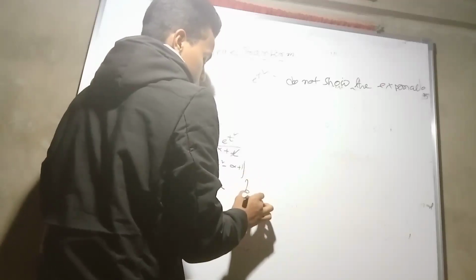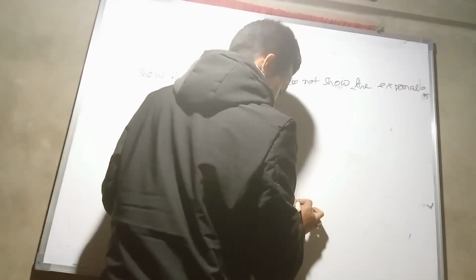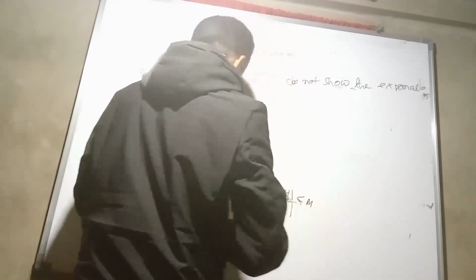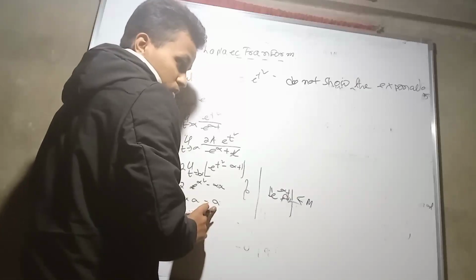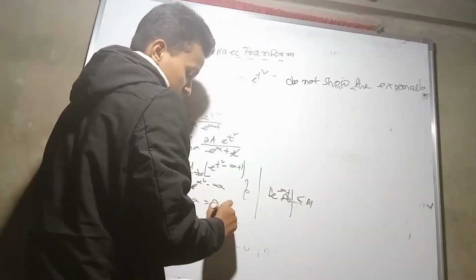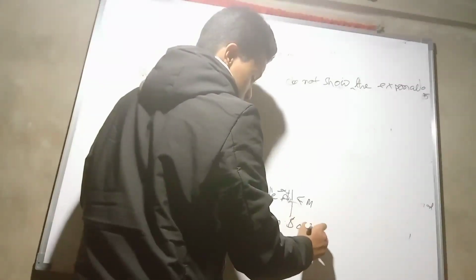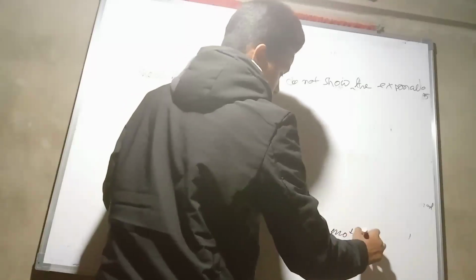So that does not give a finite value. What is the condition? If this condition is satisfied, e to the power sigma t times f(t) is less than M for some constant. Here we get a divergent value, not convergent. So this is a divergent function, and this is not of exponential order.